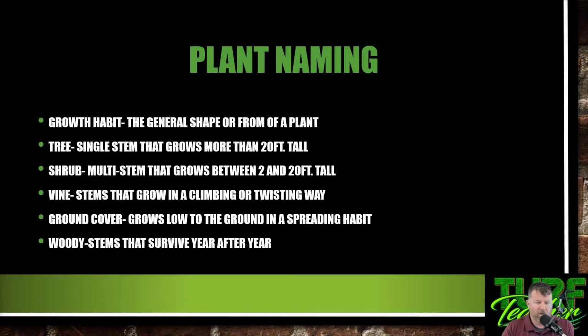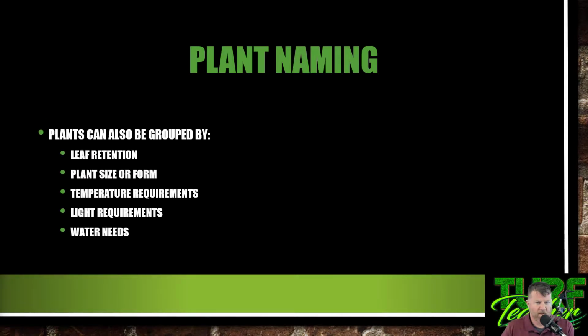Your ground cover grows low to the ground in a spreading habit. And then woody means stems that survive year after year. Plants can also be grouped by leaf retention, plant size or form, temperature requirements, light requirements, and water needs.